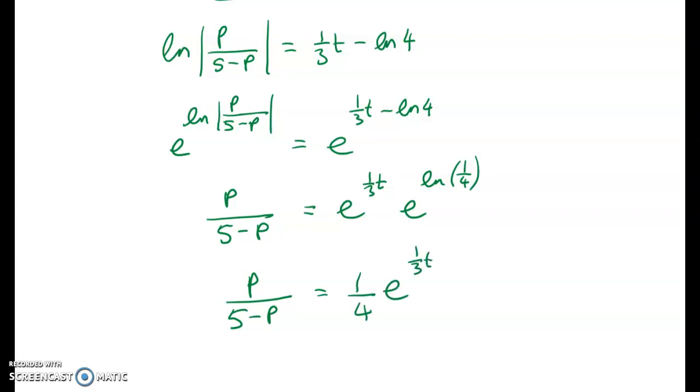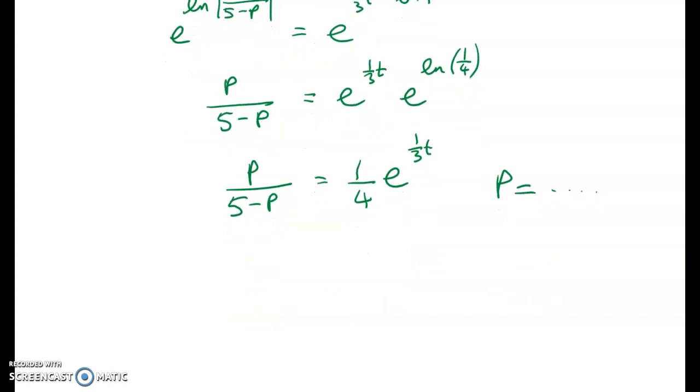So that gives me this: p over 5 minus p is equal to 1/4 e to the power of 1/3 t. So we're just about there, except that we're asked to get an expression p equals blah, blah, blah. So we have to do a little bit of rearranging. This is really just level 2 algebra from here on. We just have to be careful with how we do it. So we want all of the stuff with p separated out.